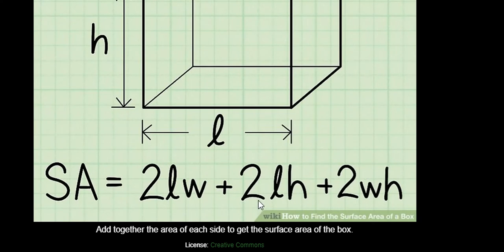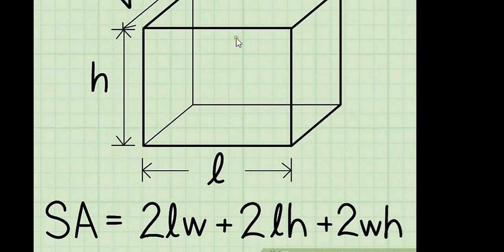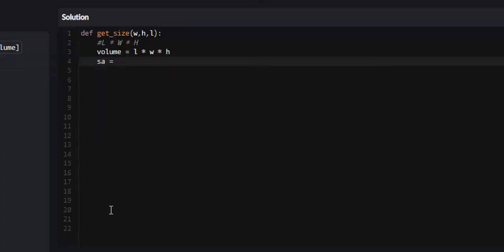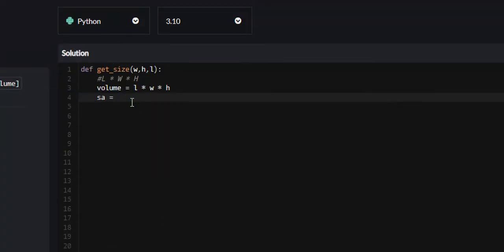All we have to do is literally set SA equal to this formula, and we'll have the surface area. So if we look right here, length, width, and height, we have everything.